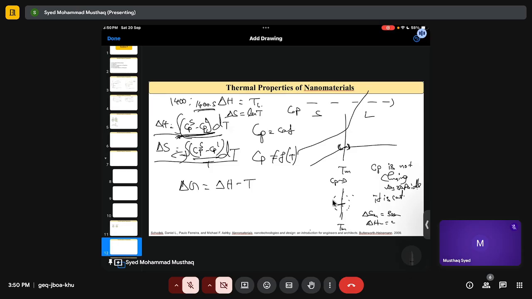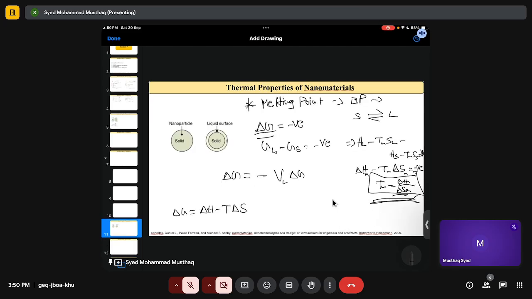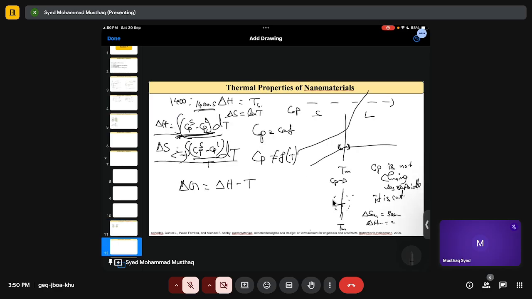Then you can just substitute, instead of delta S, this relation. What is delta Sm? Sorry, delta Sm is delta Hm upon Tm.